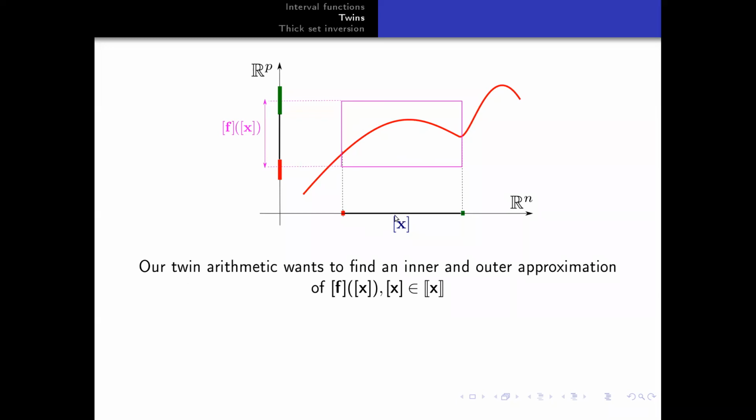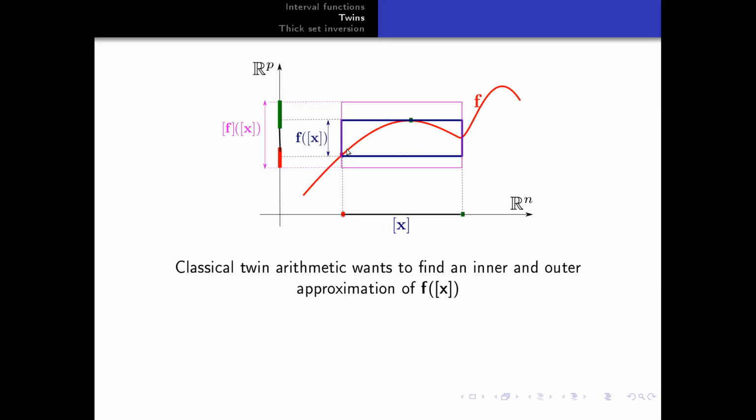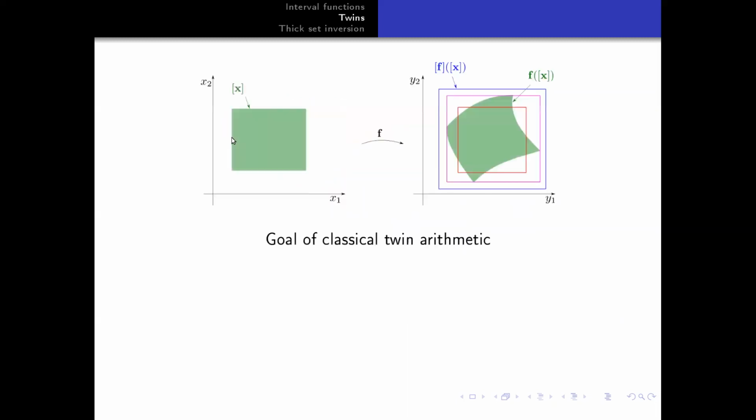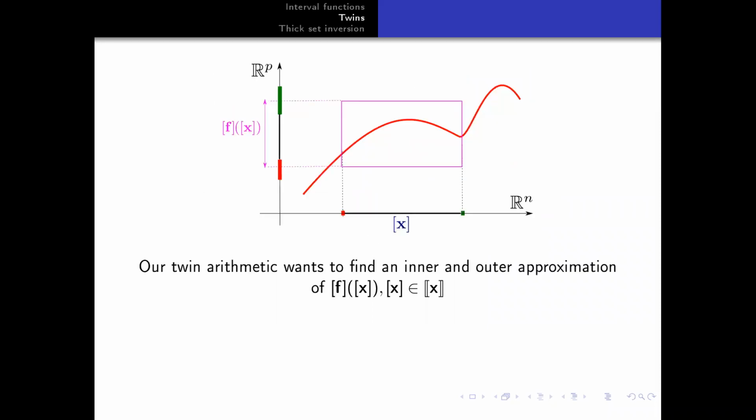But what I want to do is not to find an inner and an outer approximation of f of x, as explained before, but of this interval evaluation. So I want to find here a twin, lower bound red, upper bound green. So I want to compute an interval which encloses this interval evaluation. So it was a view in R to R, mapping R to R.